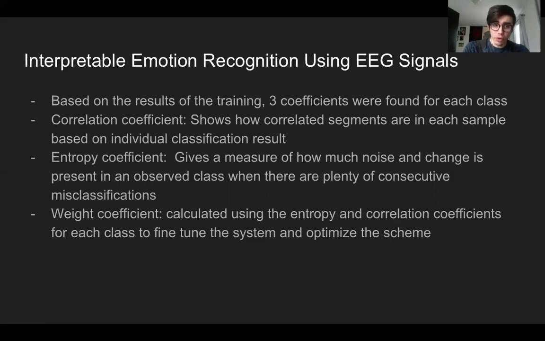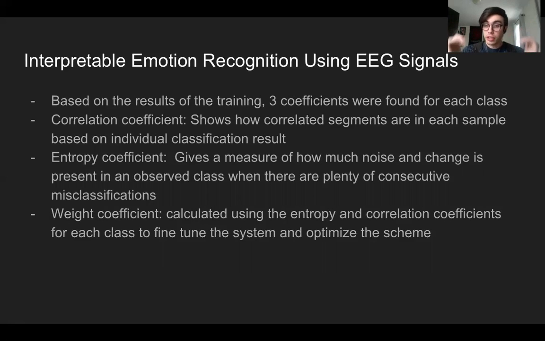Our entropy coefficient gives a measure of how much noise and change is present in an observed class when there are plenty of misclassifications. So once again, if we have a segment which we know is positive, and we take those 1-second segments, how much change occurs between the given segments?